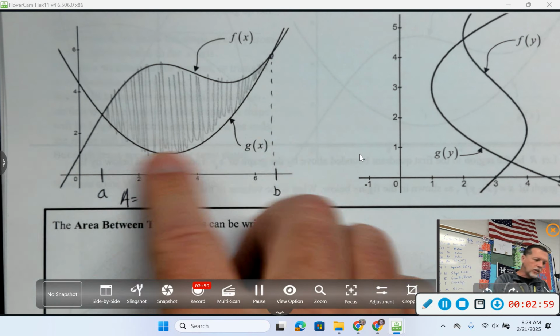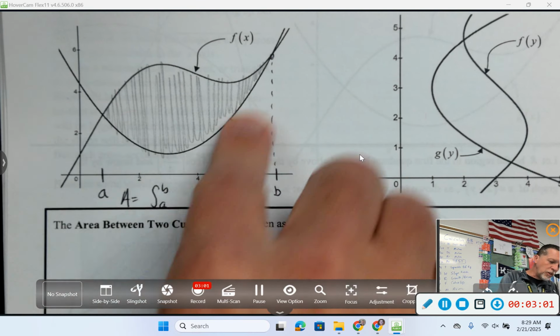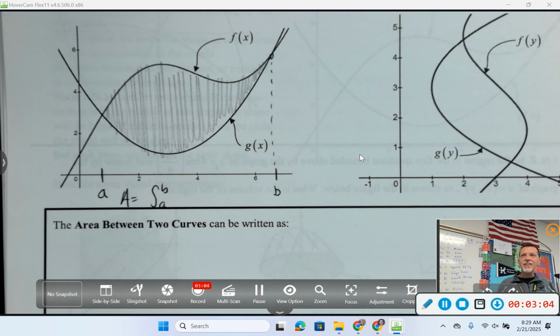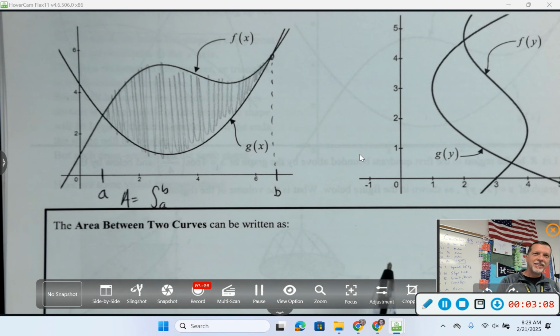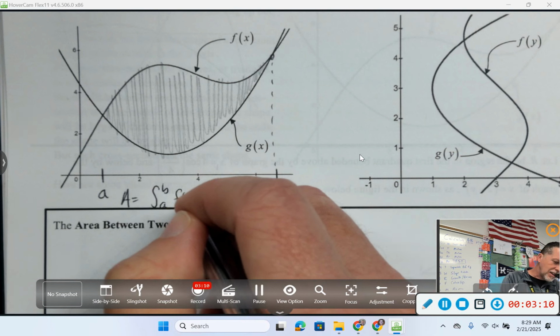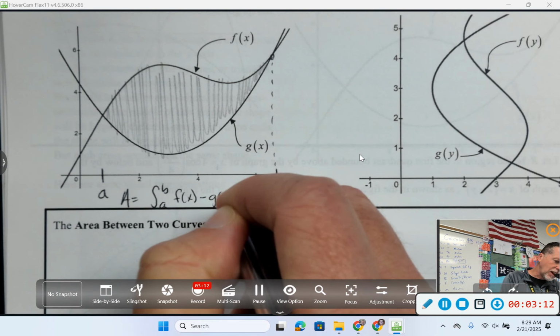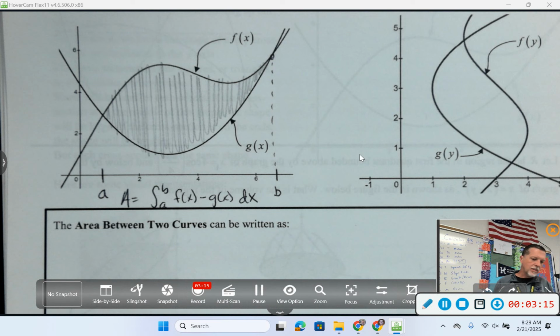I want to take that whole area and remove the area under g. So what's the best way to remove in math class? Subtract. So f of x minus g of x dx.